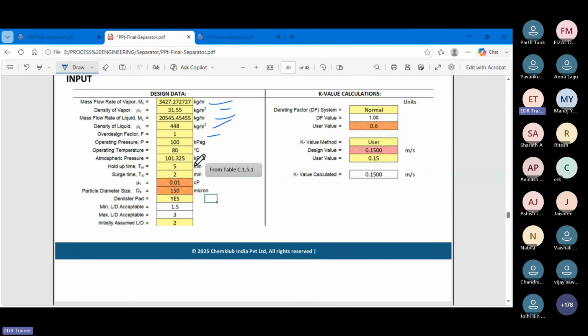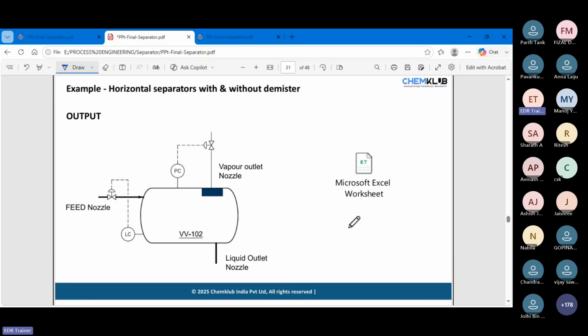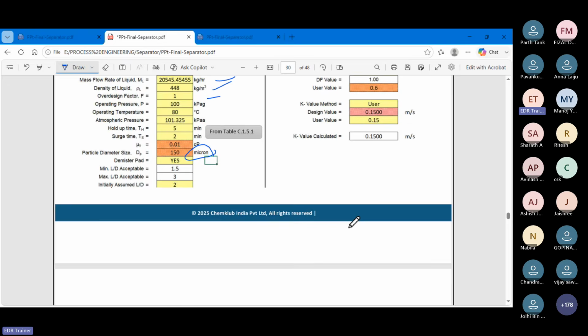Then viscosity and diameter of particle we have to add. If you don't have it, we have to calculate it. Right. Then L by D acceptable, L by D maximum. Then assume L by D. According to that, we have to calculate some basic information. And the rest of the things, everything has to be calculated.